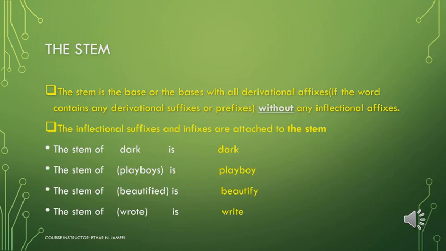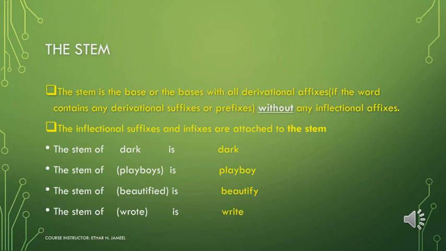Dark. Dark is a word that consists of only one morpheme. This morpheme is a free morpheme and it is a base. So what is the stem of dark? Dark is a stem by itself. It is a base and it is a stem.